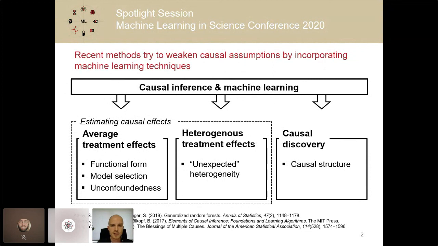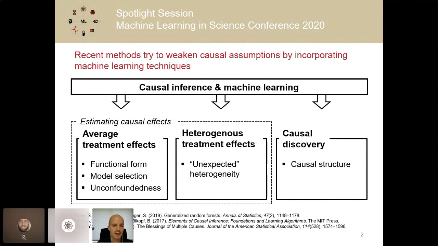In the first category, the goal is the estimation of average treatment effects, that is, effects that are the same across a population. Here, there are methods that try to weaken assumptions about the functional form of the confounding. Other methods try to select the appropriate confounders in high-dimensional settings.